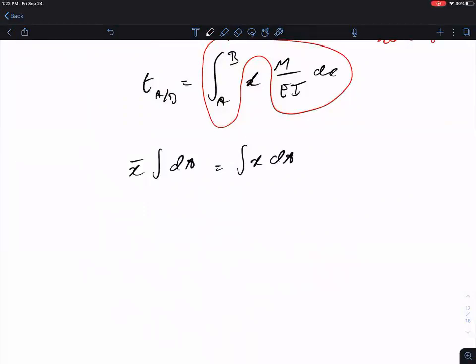And since the M over EI dx integral represents the area of the M over EI diagram, that means that we can write the deviation as this expression, where the x bar is the distance from the centroid of the area under the M over EI diagram to the point A.